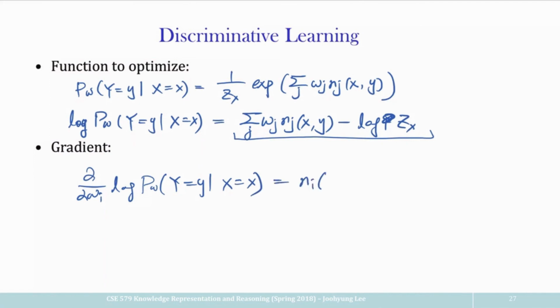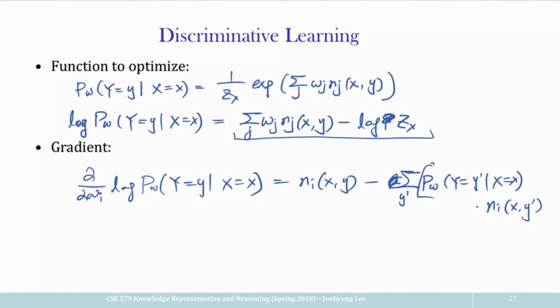Let me just write the thing: the sum of all those conditional probabilities for different Y values given X multiplied by, okay, the sum is going over this.